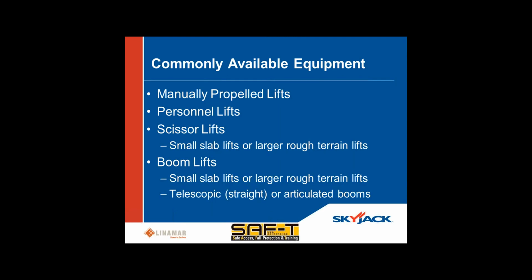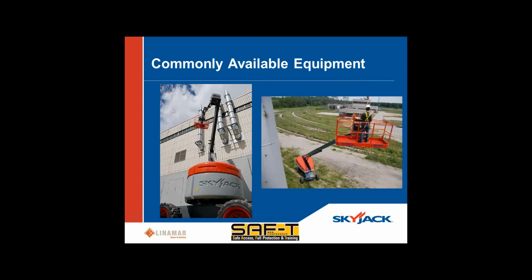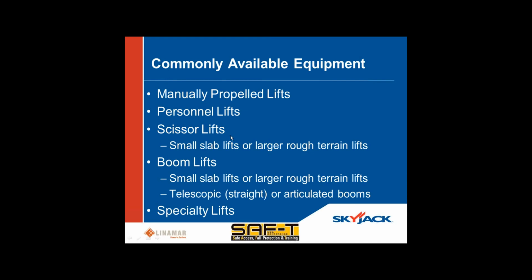Also in the aerial lift industry, there are boom lifts as well, right? We have smaller slab lifts or larger rough terrain lifts. A couple of different types are shown here. On the right-hand side is your traditional telescopic or straight stick boom lift, and on the left-hand side is an articulated style boom lift as well.